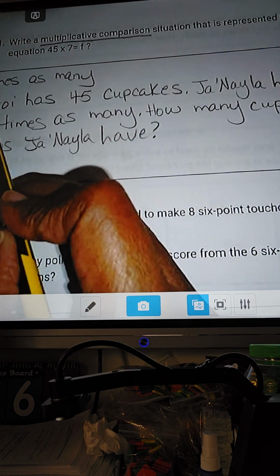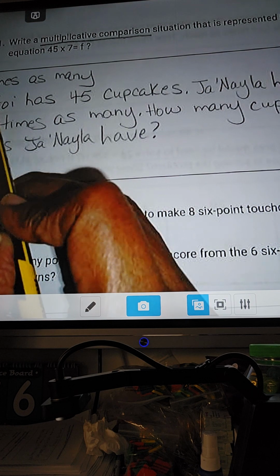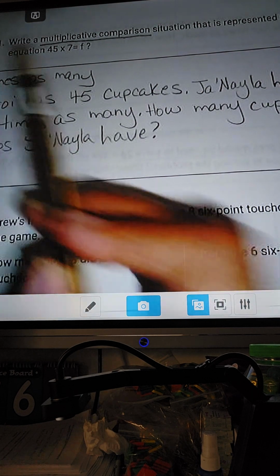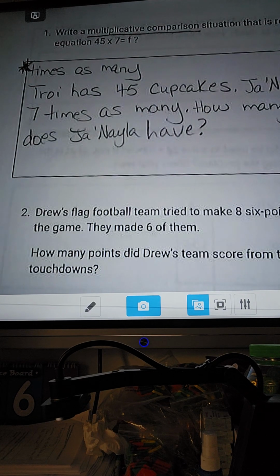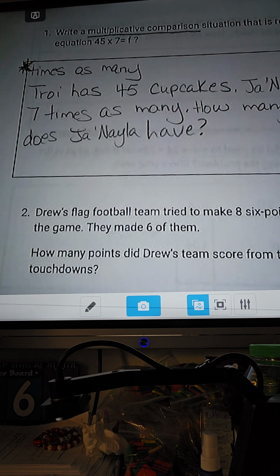Times as many is your keyword for multiplicative comparisons. Shouldn't take a whole 15 minutes. You got about 60 seconds to finish.